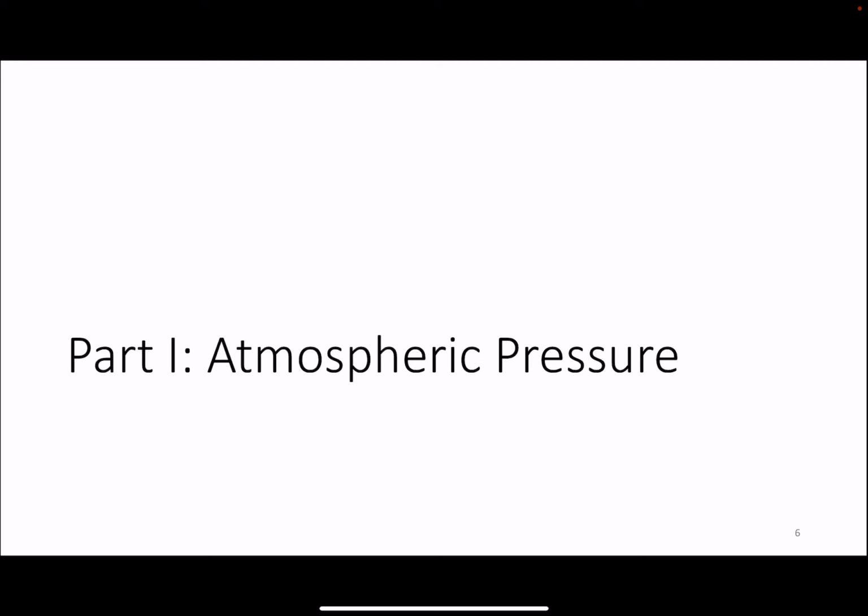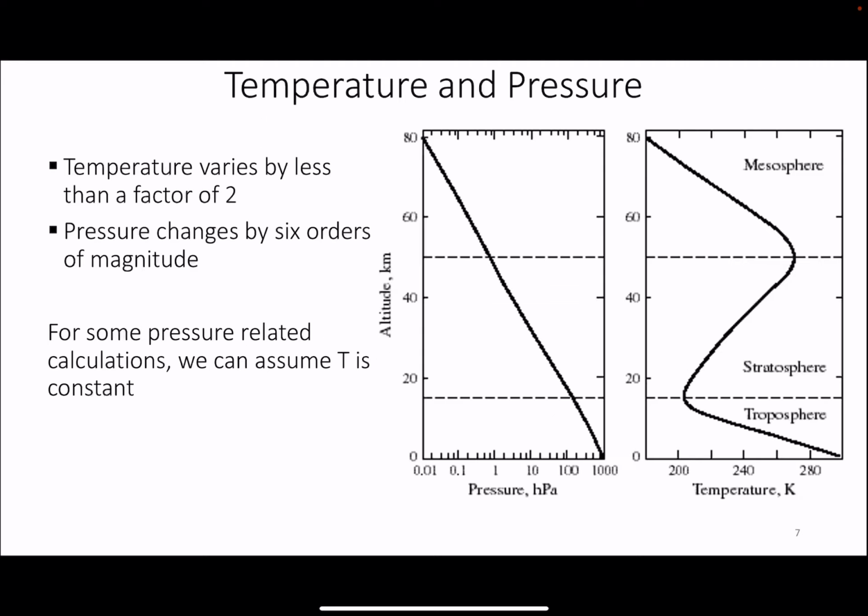Okay, so let's focus in on this pressure issue. So again, here are the temperature and pressure profiles. And something to note is that the temperature doesn't really vary a lot. Maybe from just above 200 Kelvin to 280 Kelvin, you might think, well, that is a lot. But compared to the fact that pressure varies by 6 orders of magnitude, just from the surface of the Earth to the top of the mesosphere, by that context, temperature doesn't really change much at all.